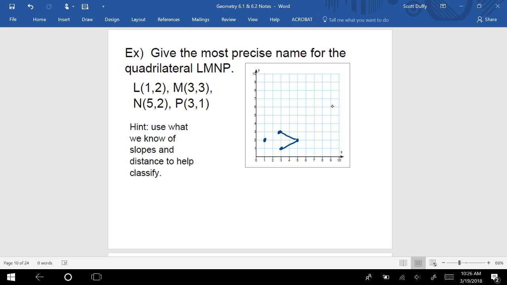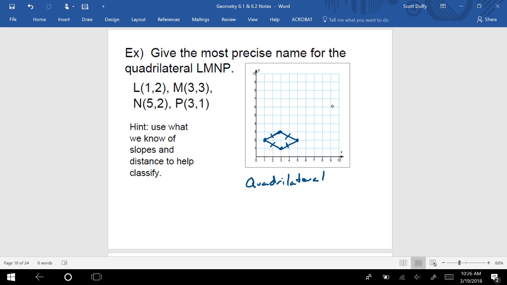Connect the dots to make the sides. And what you see is that it has all equal sides. We know that it has 4 sides, so that would make it a quadrilateral. And then opposite sides are parallel.